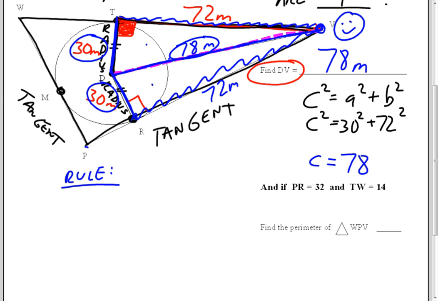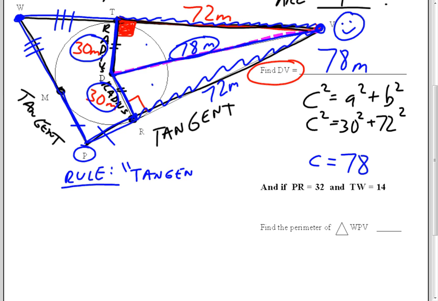So if I'm living here at point P and I want to come back to the circle, I got two choices. I can go to R, I can go to M. Either way, that's going to be the same distance. The same with W. If I'm up here at W, traveling back to the circle will always be the same length. I call those tangent distances.